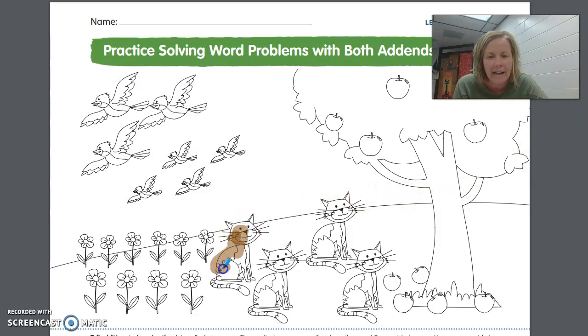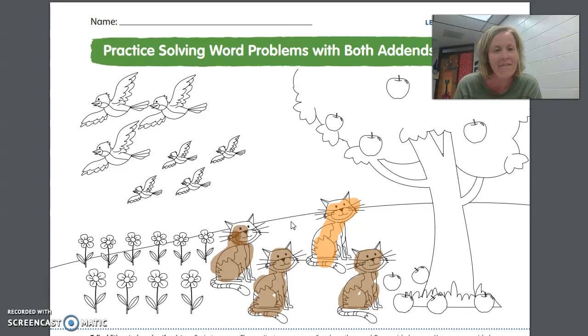Ooh, all right. I'm going to color some of my cats brown. And some of my cats orange. So I have 3 brown cats and 1 orange cat. 3 and 1 equals 4. Did you do the same as me, or did you find a different way to make 4? Any way is correct. Nice job.